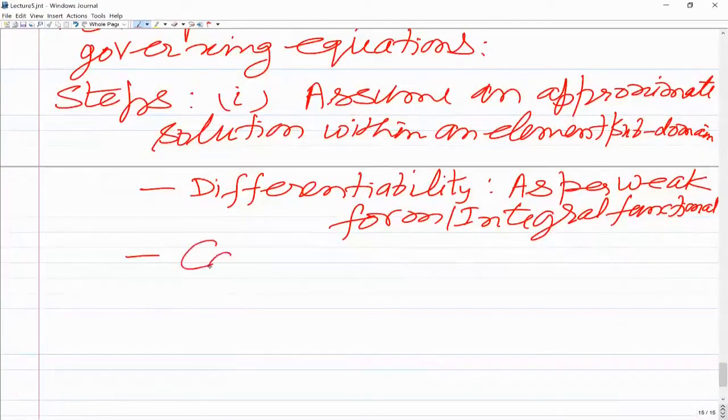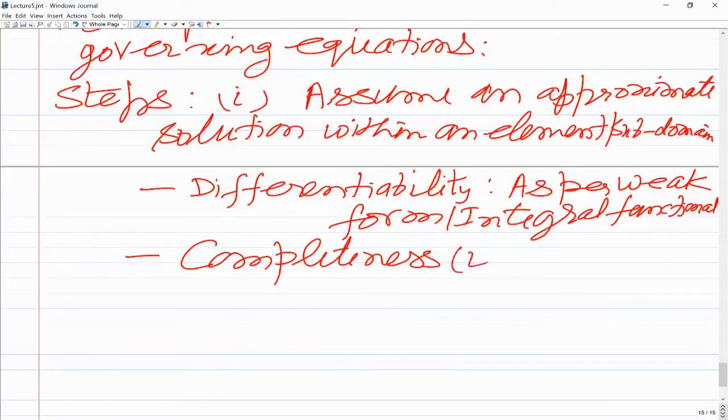the second requirement is completeness. It has to be a complete polynomial. Whatever is the highest power of the independent coordinate x, or xy for 2D, or xyz for 3D, all the lower order terms should be present.